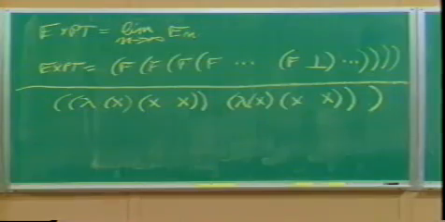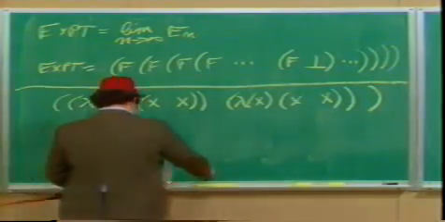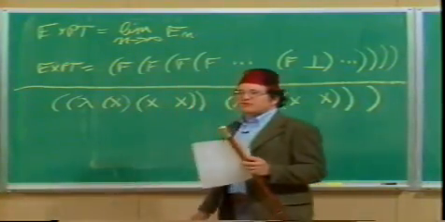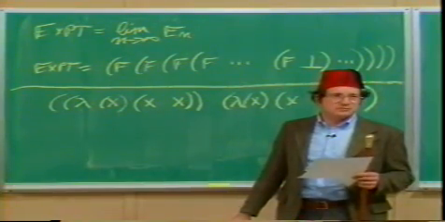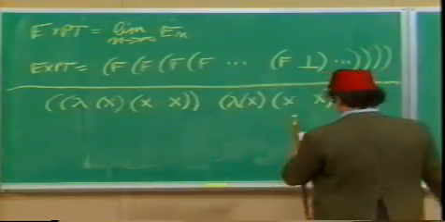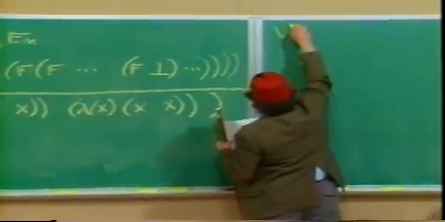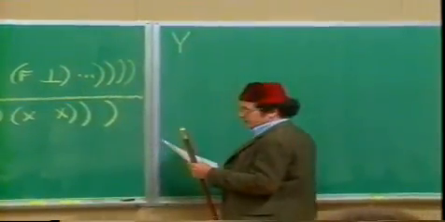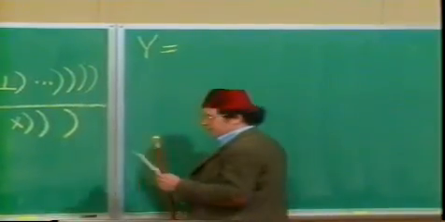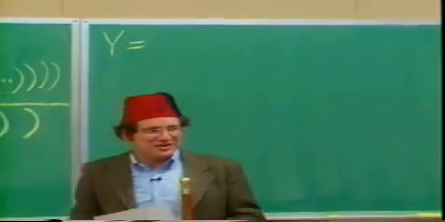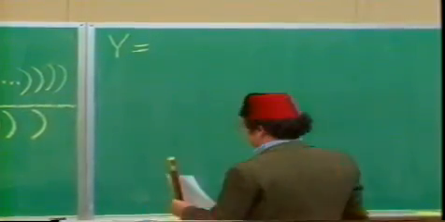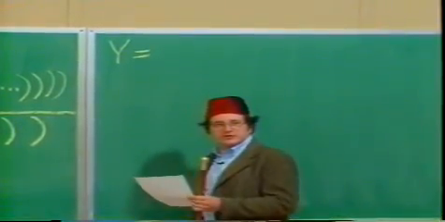Now I want to tell you about a particular operator which is constructed by a perturbation from this infinite loop. I'll call it Y. This is called Curry's paradoxical combinator, Y, after a fellow by the name of Curry, who was a logician of the 1930s also.